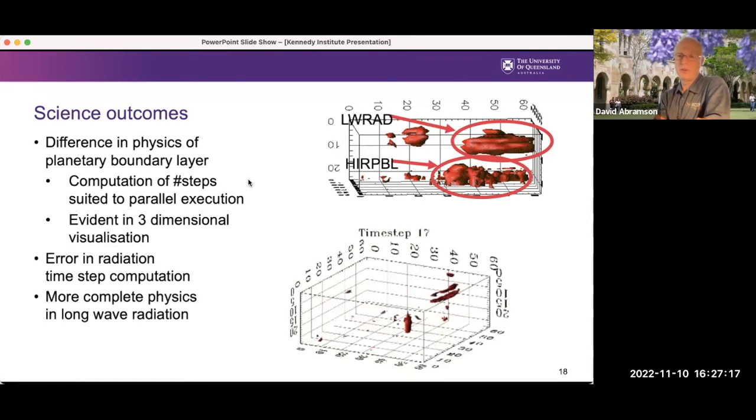But in the process of doing the port, they discovered that the codes were not producing exactly the same answers. And so what you see on this slide is actually a visualization of the differences between two versions of the code, between MM5 and MPMM, running on two different machines concurrently. What you're looking at in the top right picture there is an isosurface of error between the temperature variables in the two models.